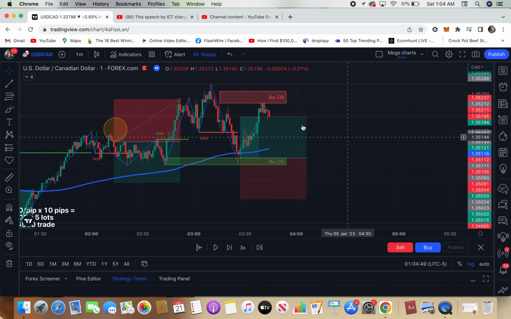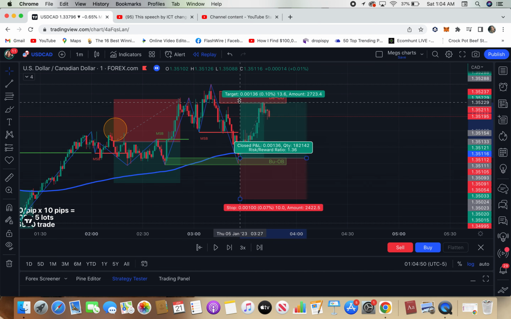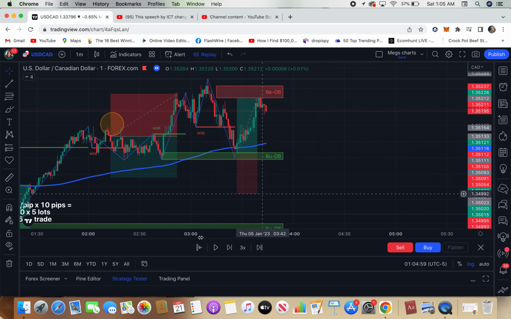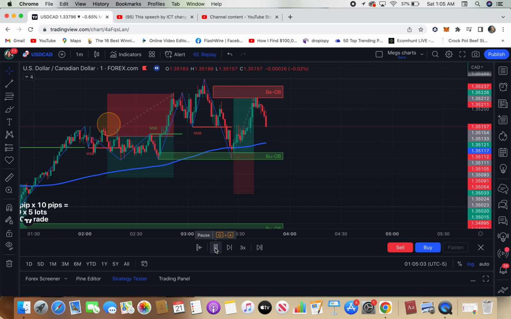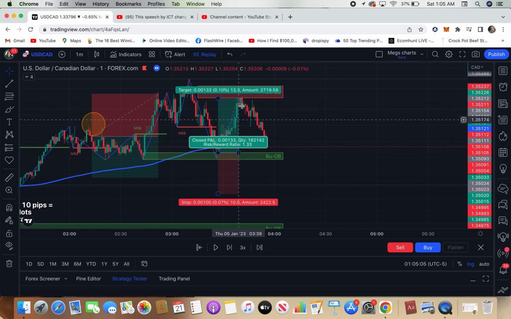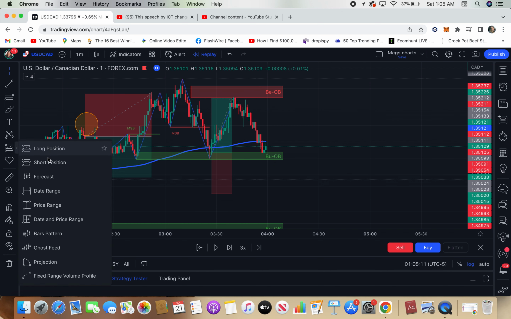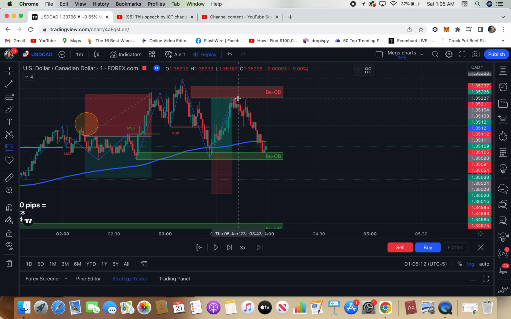This is 1-to-1 though, so just be mindful. There you actually would have gotten 13.5 pips. And remember, you're coming off a bearish order block, so you could have again scalped this as well.